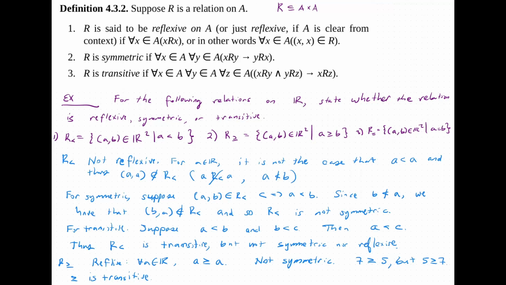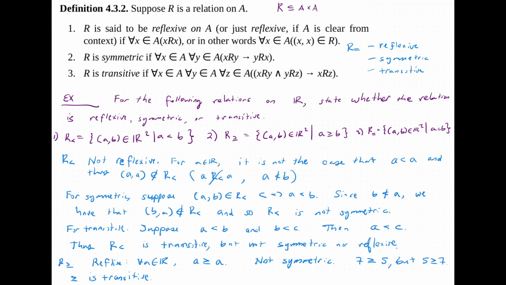For equality, in this case, you can check it's reflexive. Of course, so here we have a is equal to a. So we will have it's reflexive. It will be symmetric. And it will be transitive.